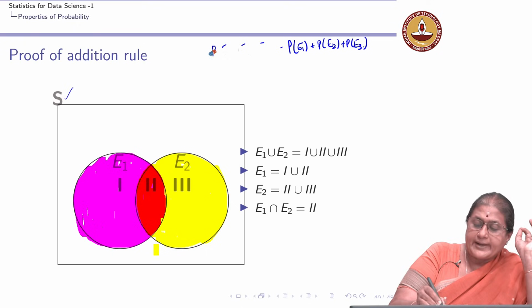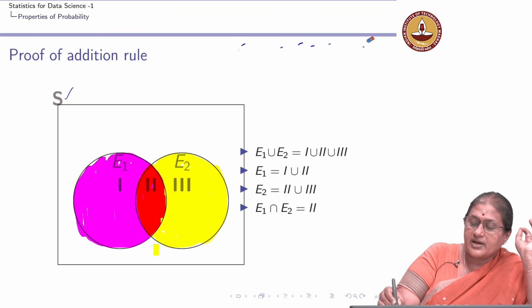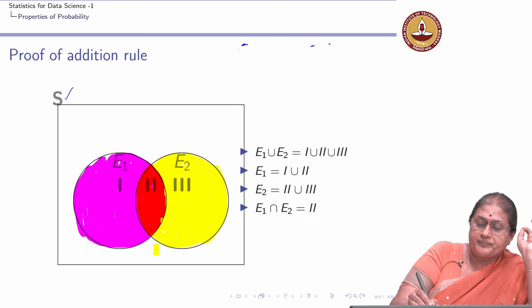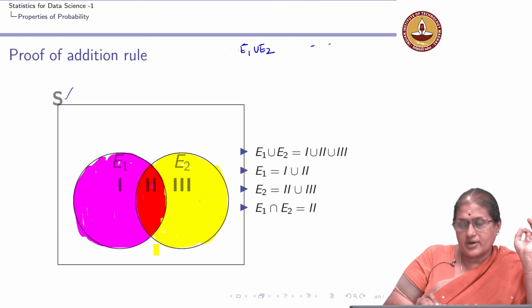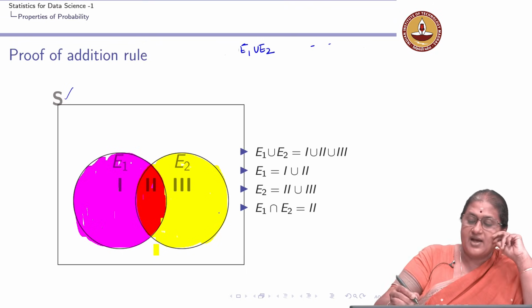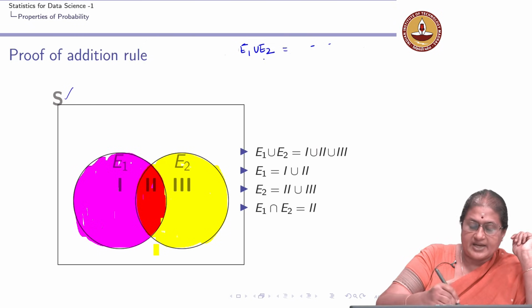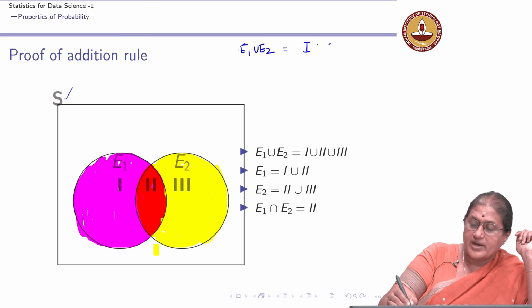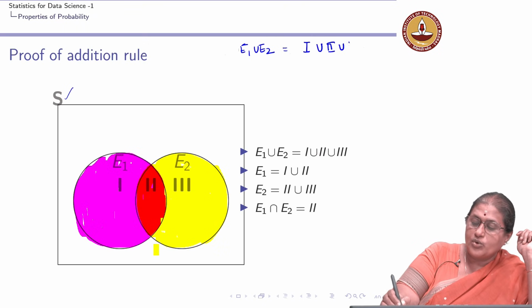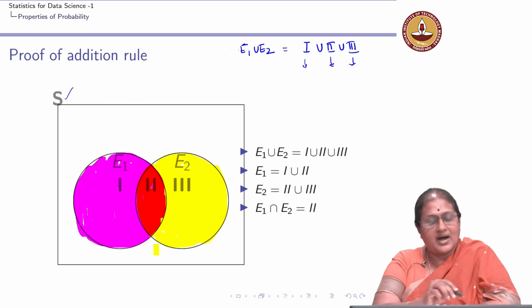So, what I am planning to do is we recognize that this E1 union E2 is this entire shaded region of the purple, orange and yellow shaded region. I write it as 1 union 2 union 3, where 1 and 2 and 3, as you can see from the Venn diagram, are disjoint.